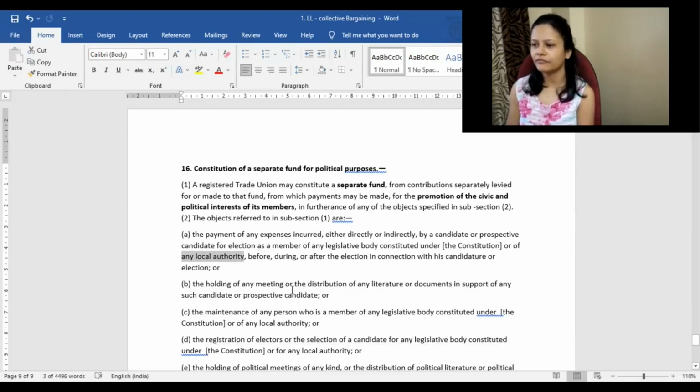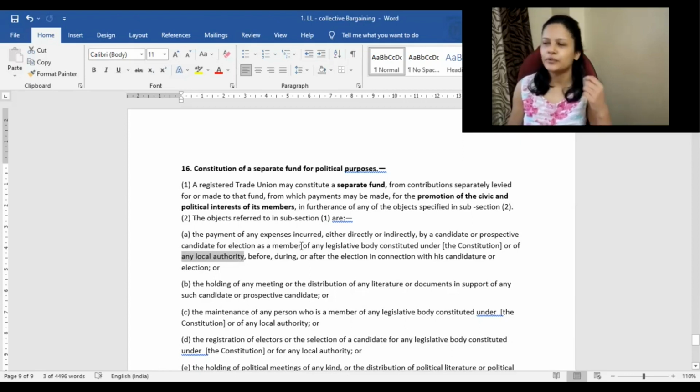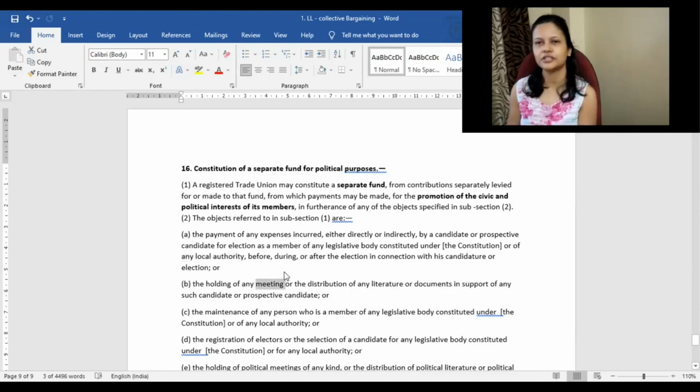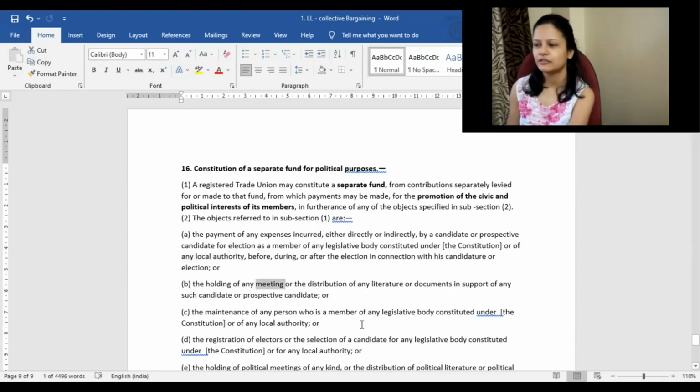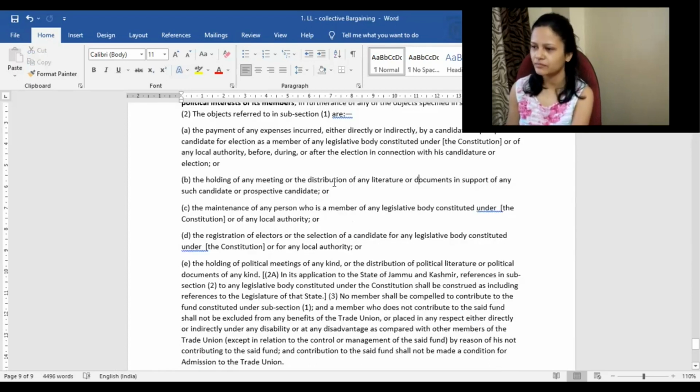The holding of any meeting or distribution of any literature or document in support of such a candidate, if they are printing some leaflets or other documents relating to the candidate, for those also whatever is needed. Maybe they are organizing a meeting within the organization itself to make the members aware, for that purpose it can be used.